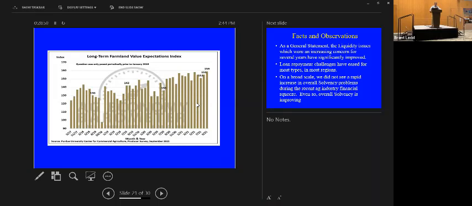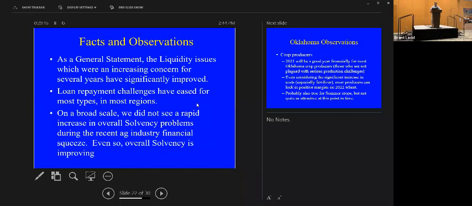Respondents are pretty excited about the value of their primary asset, what's going to happen to farmland values. As a matter of fact, the survey respondents almost unanimously think farmland values are going to continue to go up. And the number of people that think that's going to happen continues to increase over time as that survey question is asked.